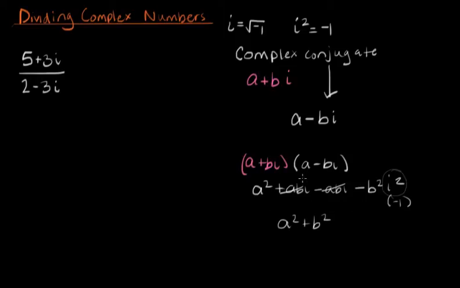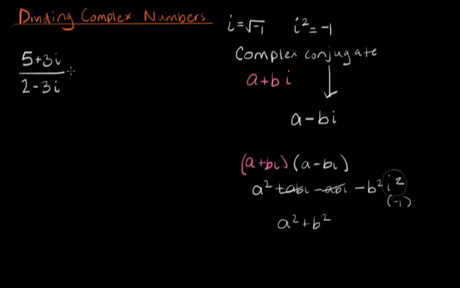So once we simplify, when we multiply a complex number by its complex conjugate, we get a squared plus b squared, which doesn't have an i in it, which is kind of the whole point. So basically the idea is if we multiply by the complex conjugate, we're going to get rid of the i part on the bottom.